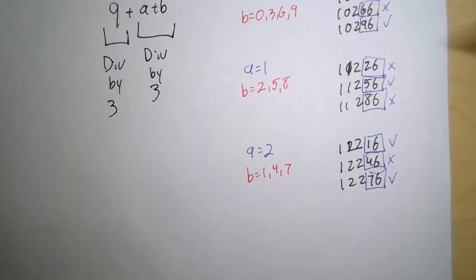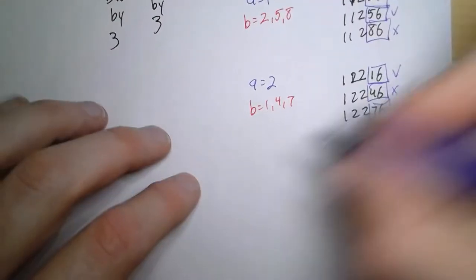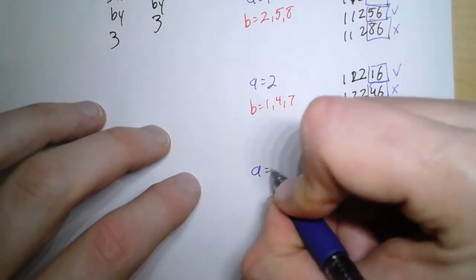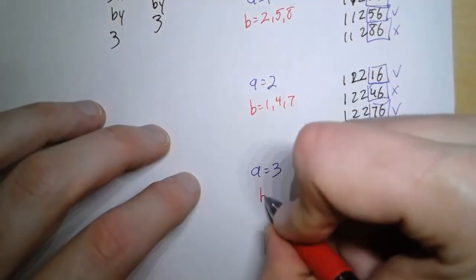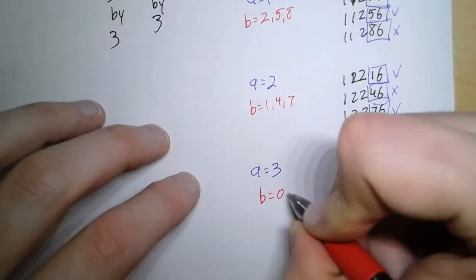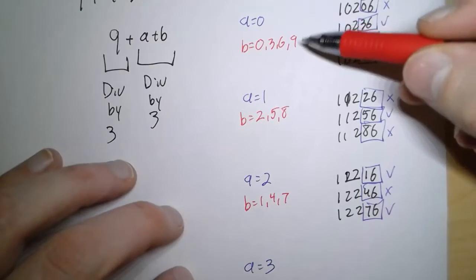Now it seems like this video is going to go on for a while, but it's actually not, because here's why. If we look at a equals 3, what is b going to equal? Well, b is going to equal 0, 3, 6, 9. It's actually going to be the same as the ones up above.